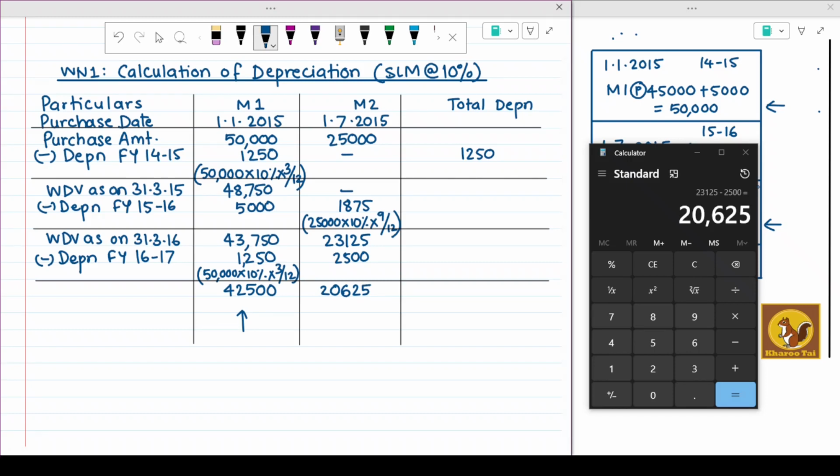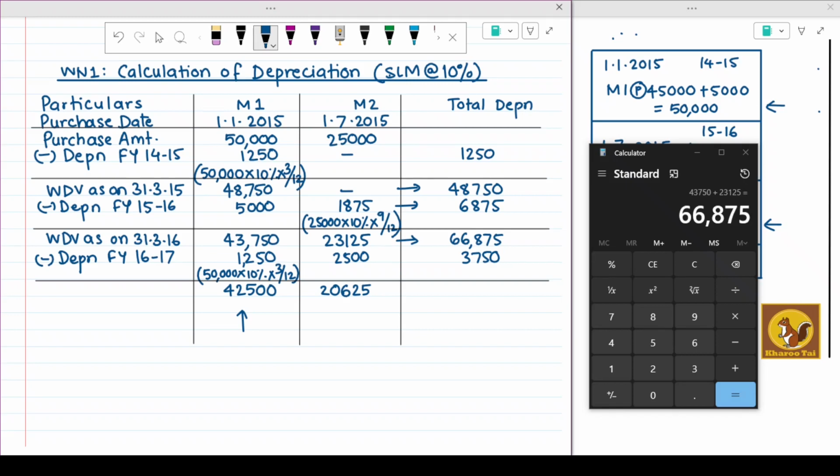Let's do the other horizontal totals. The WDV will be here 48,750. Depreciation will be 5,000 plus 1,875, 6,875. Then this WDV will be 43,750 plus 23,125, that is 66,875. And 1250 plus 2,500 will be 3,750, right?